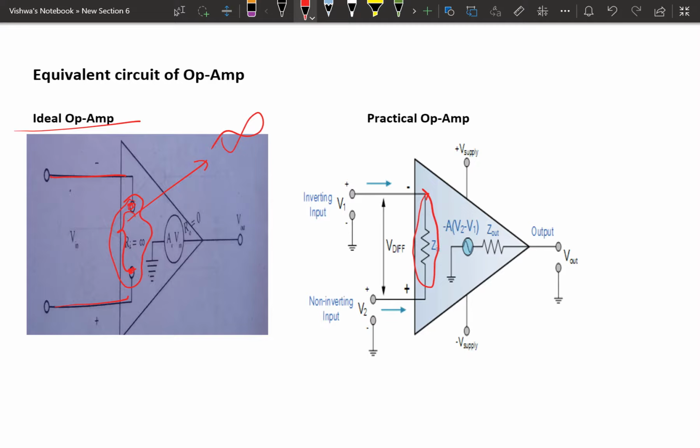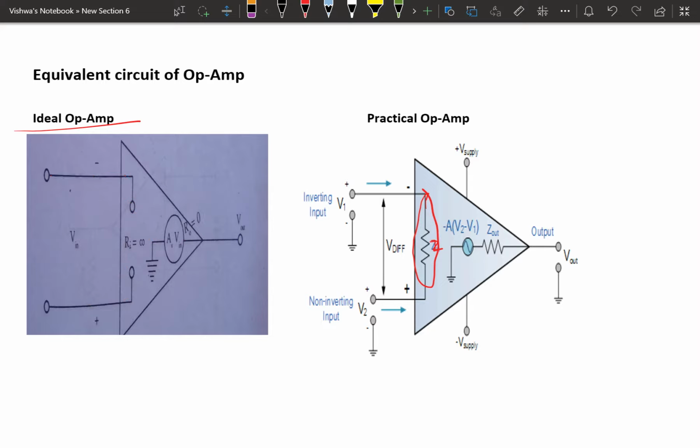But in the practical op amp we are representing it by a resistor that represents a high resistance. Next, zero output resistance. For that there is no resistor here. There is simply a short circuit, which indicates zero resistance. So this is the ideal case.